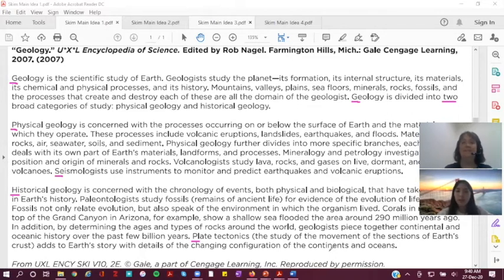And I learned that there are seismologists who use instruments to help know more about the earthquakes or volcanic eruptions.